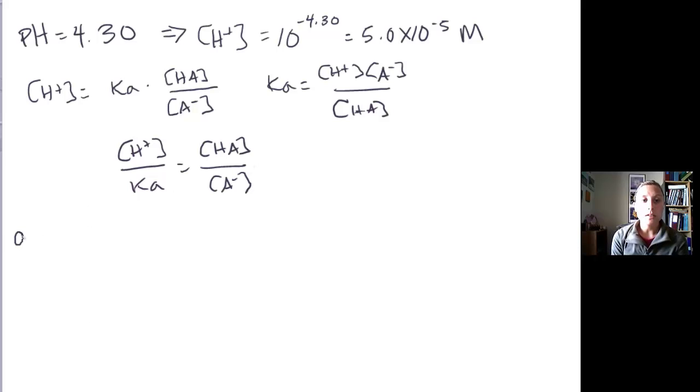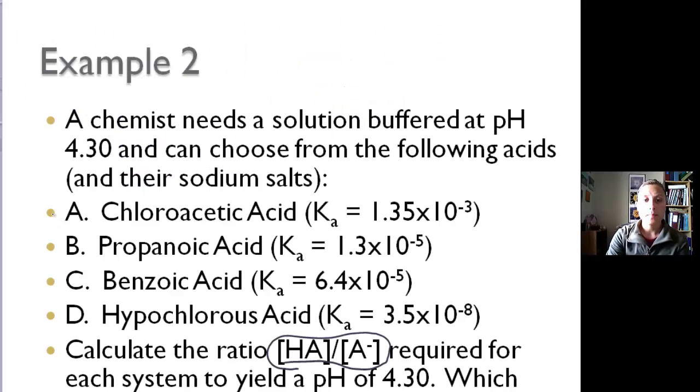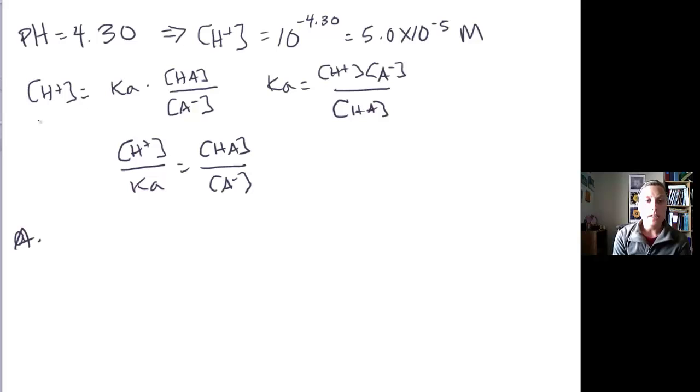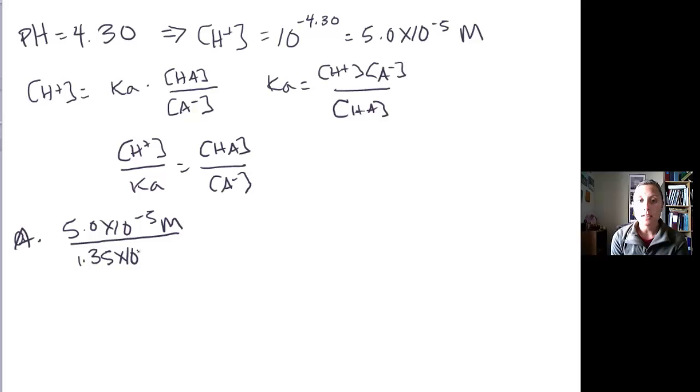Alright, so let's look at acid mixture A. We got Ka for each of these, and then we have our H plus. So our H plus is 5 times 10 to the negative 5th, and for solution A, the Ka value is 1.35 times 10 to the negative 3rd, and so if we divide those, we get 0.037.